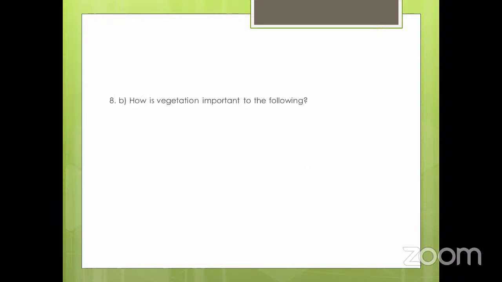The other question is there, very fast. How is vegetation important to the following? The first one is what we call a carpenter. Who is a carpenter? A carpenter is a person who makes furniture. So how does a carpenter benefit from vegetation?